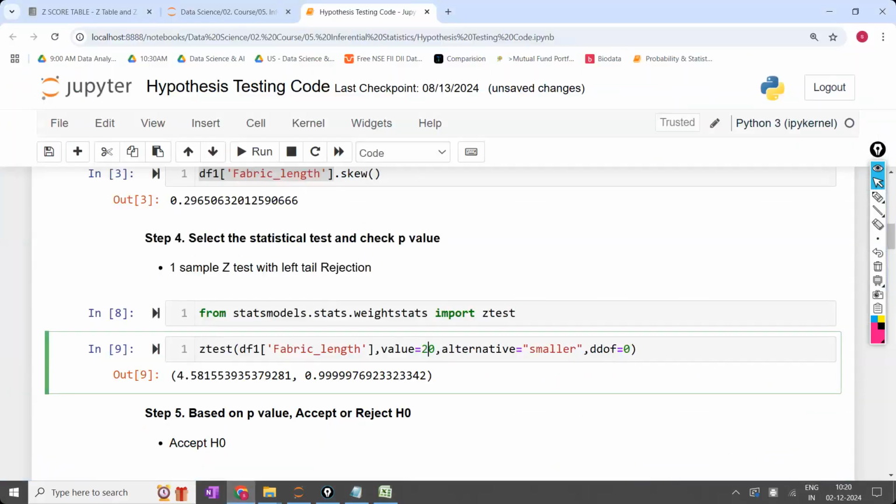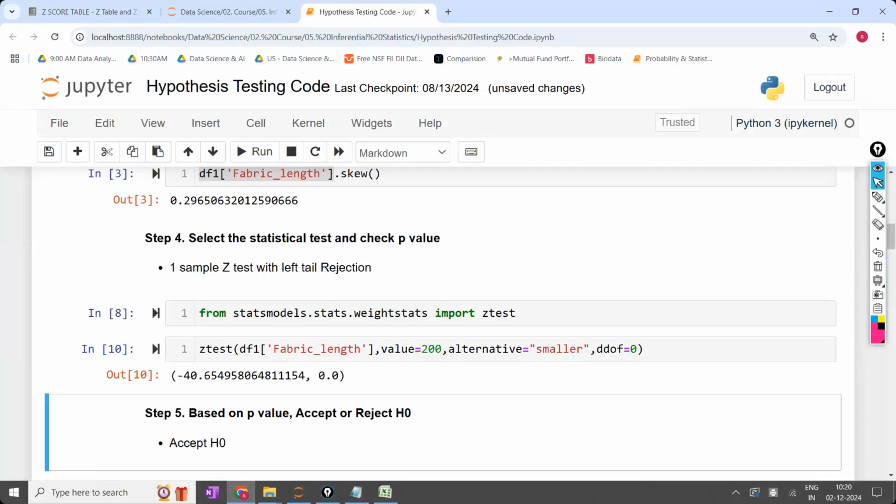Let's try for 200. Now what is the p value we got? 0. Will 0 be in the rejection area or acceptance area? 0 to 0.05 is rejection area. 0.05 to 1 is acceptance area. It is clear now? For 200, it is not acceptable. For 150, it is accepted.